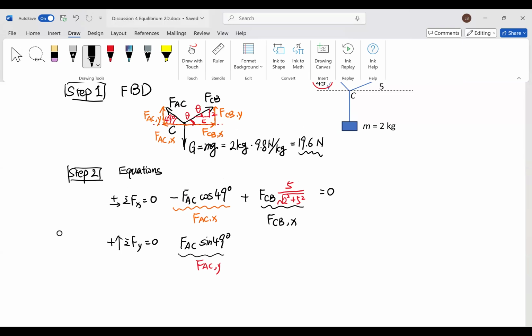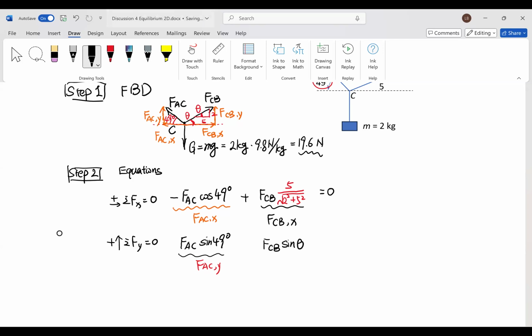How about FCBY? FCBY, is it adjacent or opposite to theta here? It is opposite to theta, so it equals the hypotenuse times sine theta.